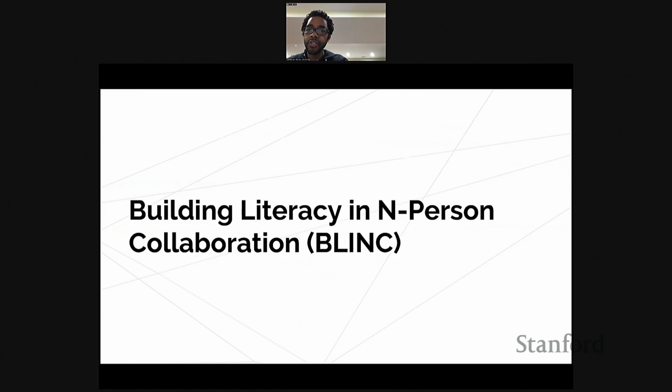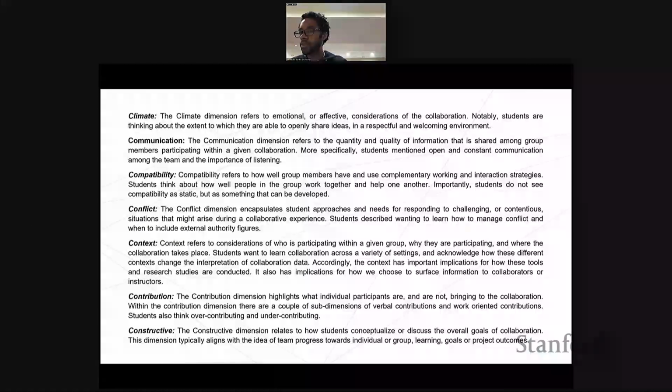As part of this study, we ran a survey a couple years ago where we got input from undergraduate and graduate students about how they collaborate, what good collaboration looks like, what bad collaboration looks like, what kind of things they would tell someone else about collaboration. And that gave us this set of categories.